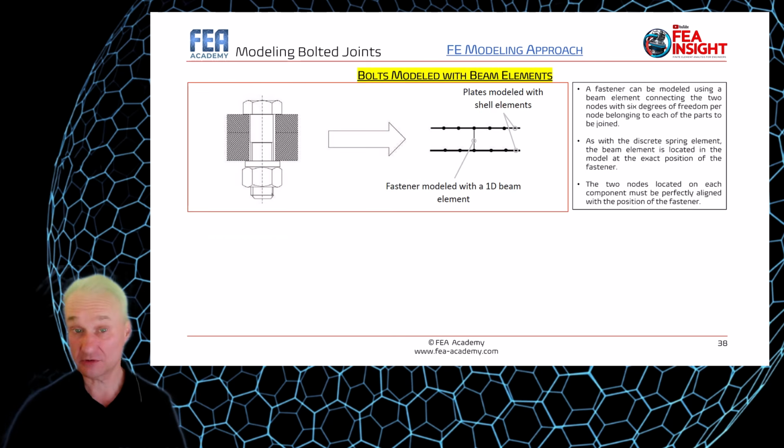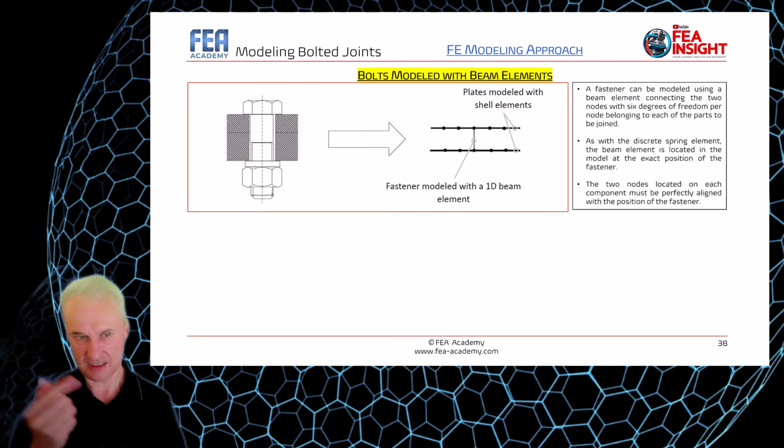The third method used to model bolted joints: a fastener can also be modeled using a beam element connecting two nodes with 6 degrees of freedom per node, belonging to each of the parts to be joined. As with the discrete spring element, the beam element is located at the exact position of the fastener in the model.